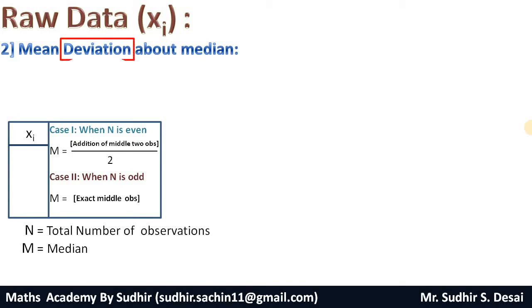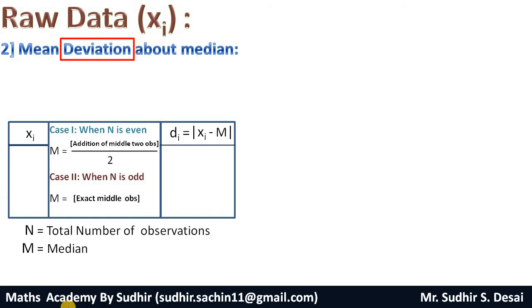Deviation, and deviation is denoted by the letter di. Now this deviation is calculated about median or from median. That means in this case we have to subtract this median m from each observation xi. So di is equal to modulus of xi minus median m.